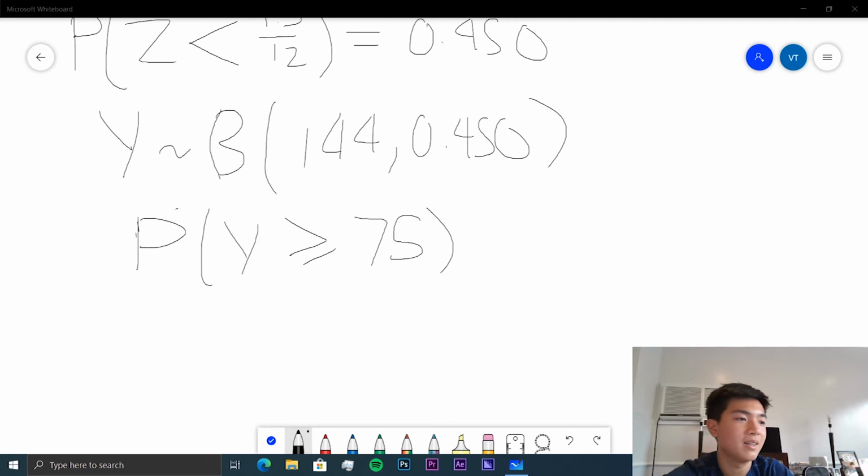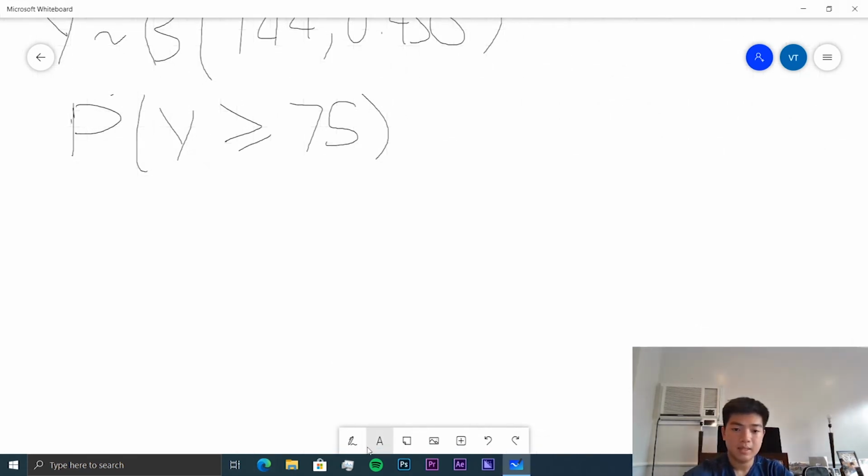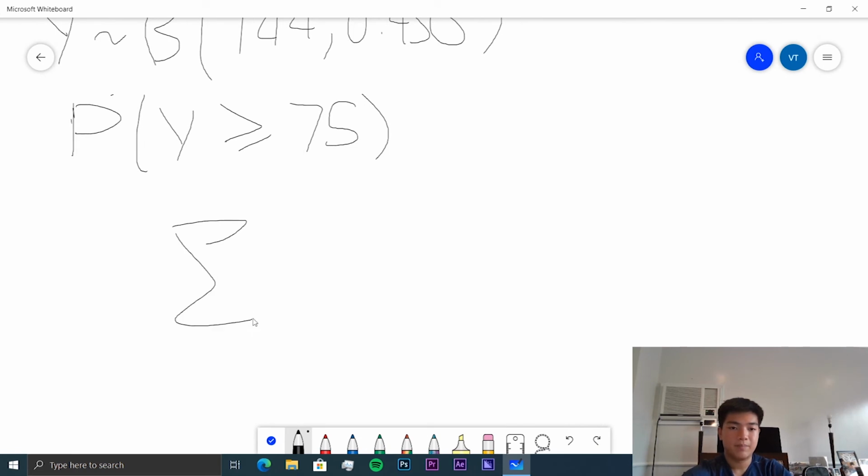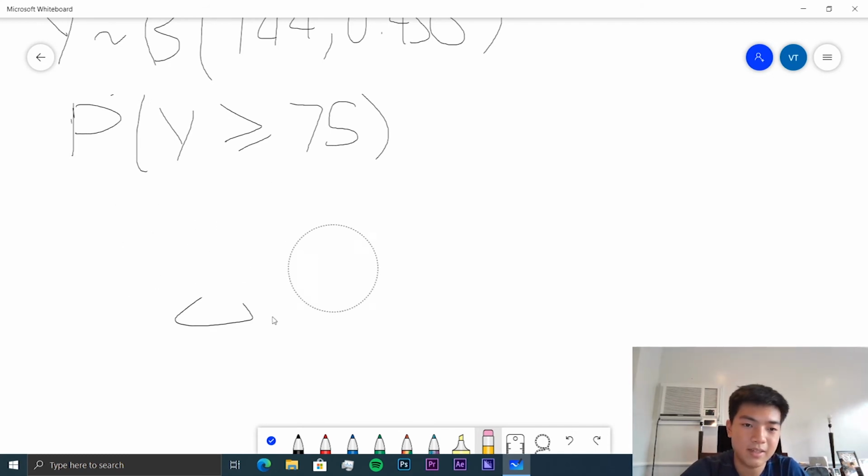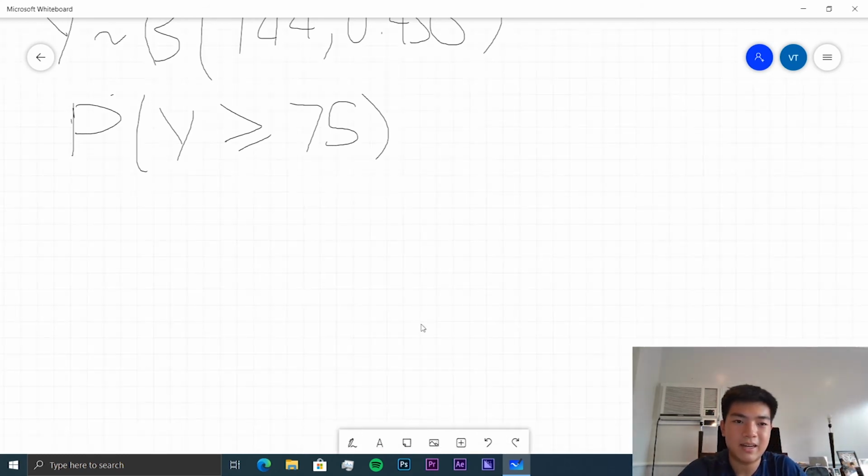I wonder if they would just accept us using a calculator for this and just going like, that's the binomial. This thing is a sum of n choose k.